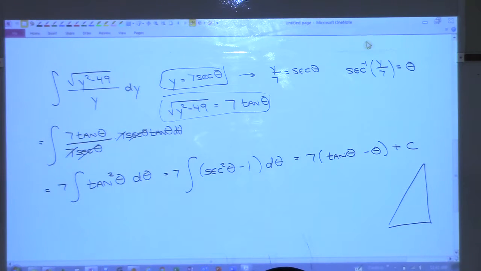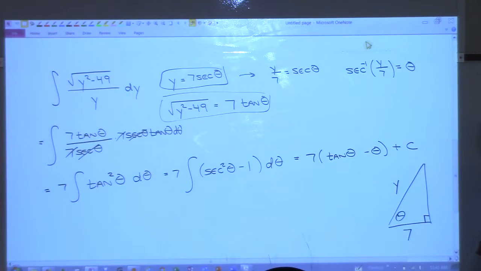Gina, I just want you to draw me up the triangle here, or help me draw it. Here's your theta, right? So which side's which here? 7 is on the bottom, y is the hypotenuse. Do you all agree that secant of theta is y over 7?